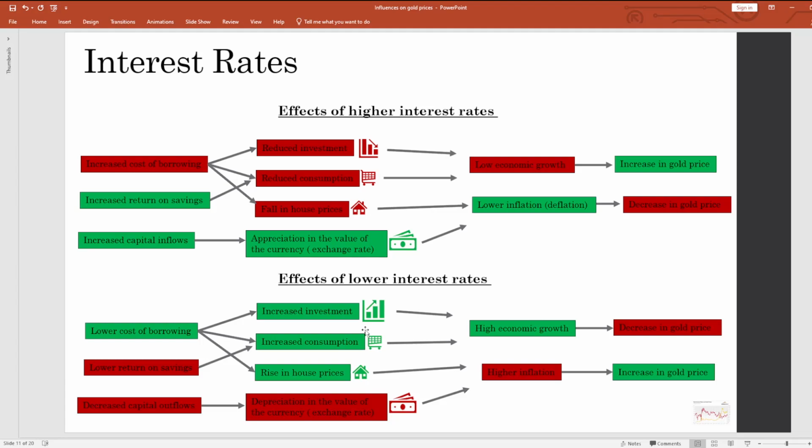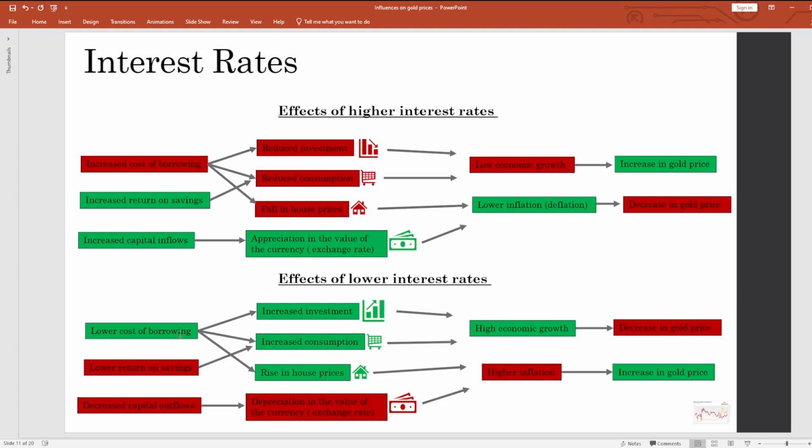They all create high economic growth, of course. Essentially, you have asset price inflation, and you also have inflation of goods and services as well. So the CPI, the Consumer Price Index, will increase because of these factors. So that's the first thing, lower cost of borrowing.